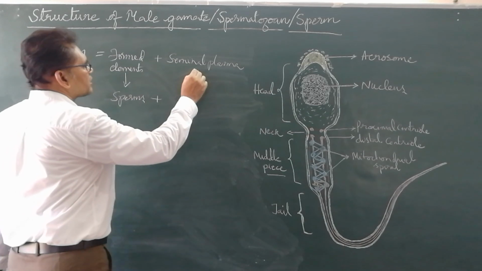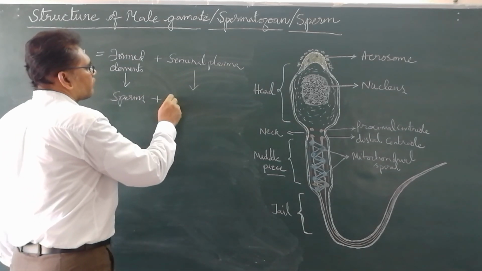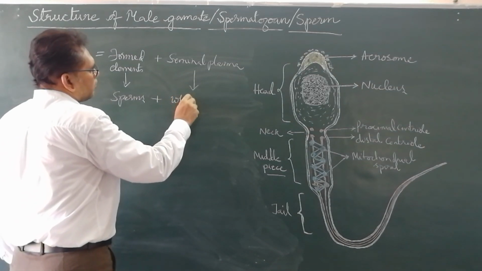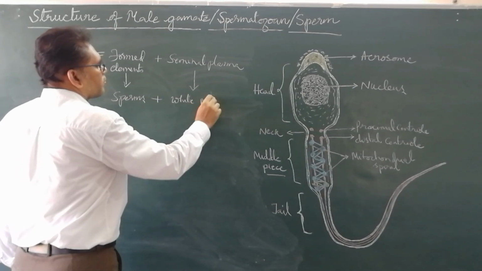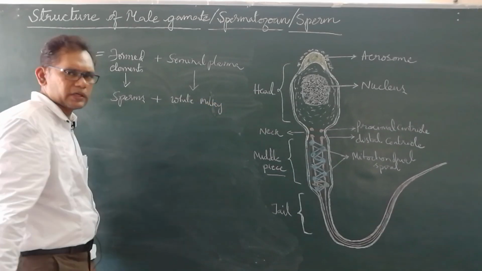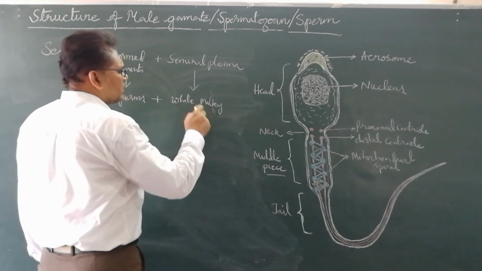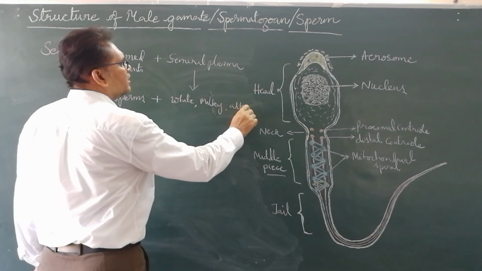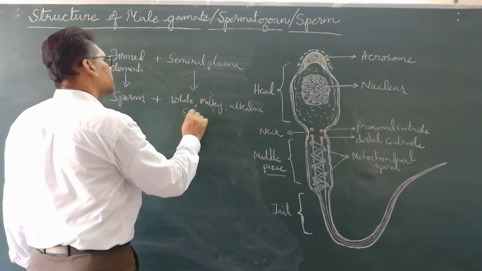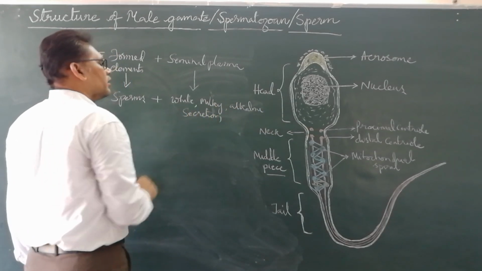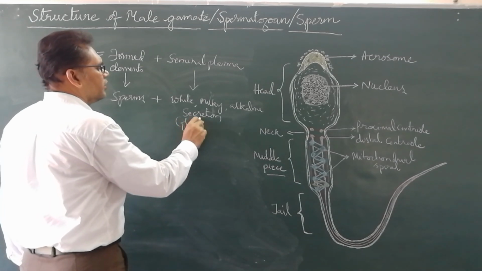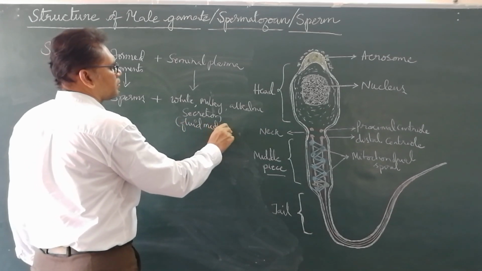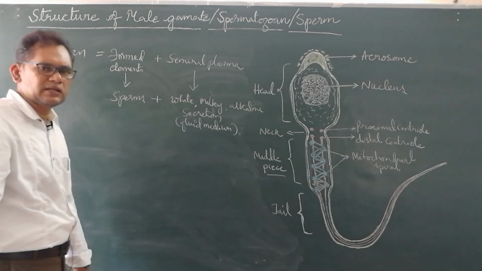Now the seminal plasma is a white, milky, alkaline secretion. That is nothing but the fluid medium, seminal plasma.